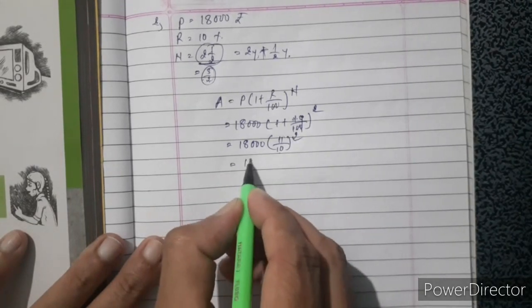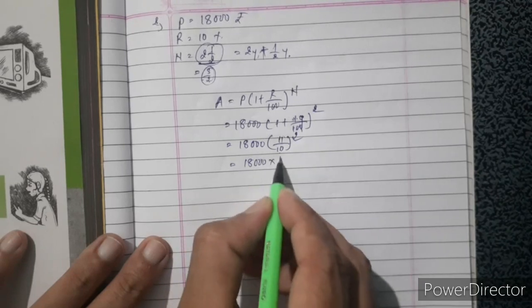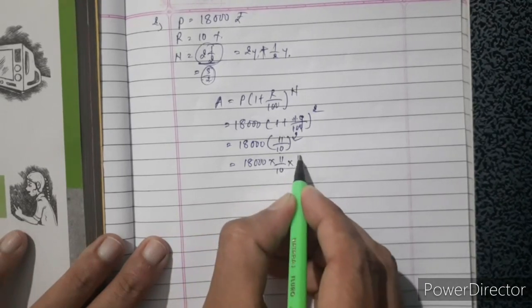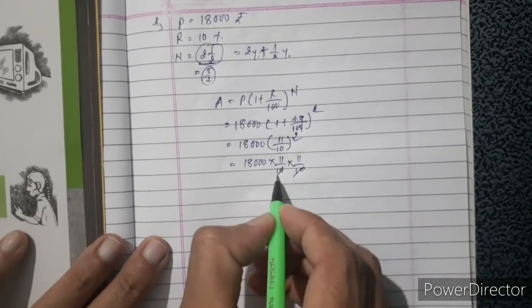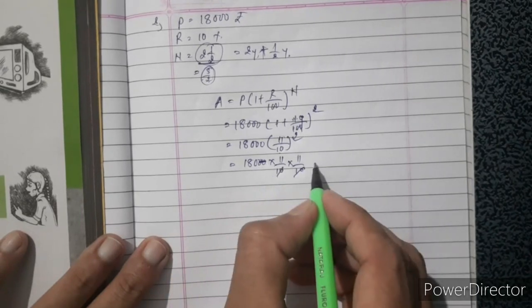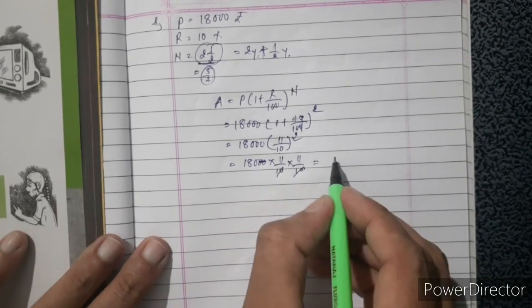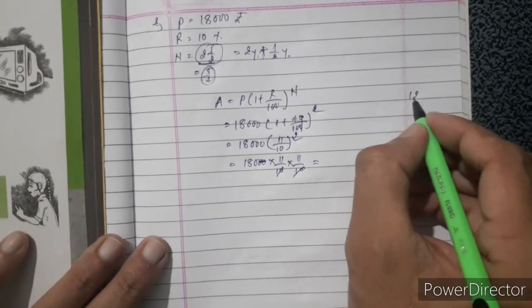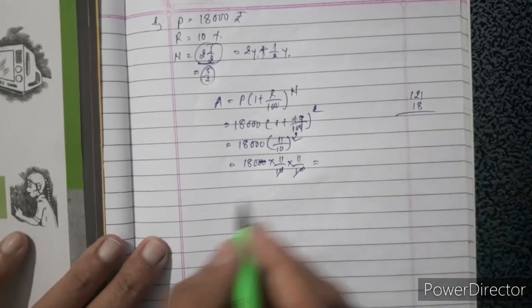So 18,000 into 11 upon 10 into 11 upon 10, and here the 0s are cut. So 11 into 11, that is 121. 121 into 18.